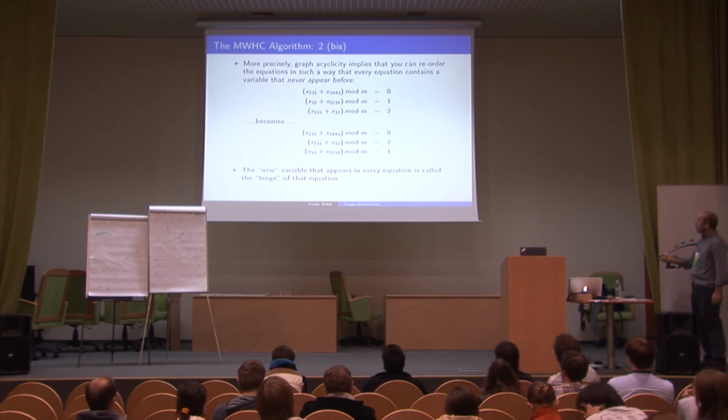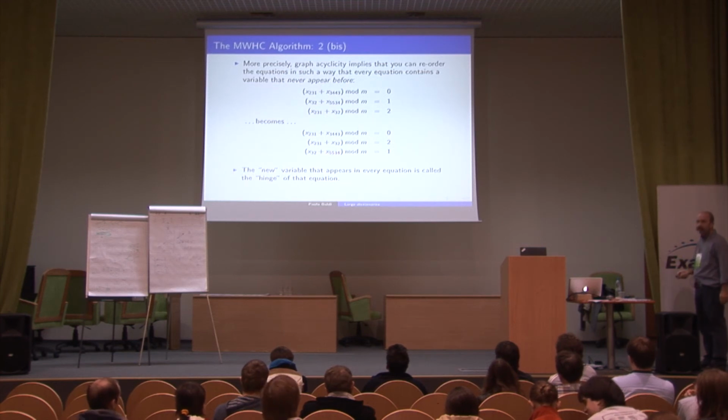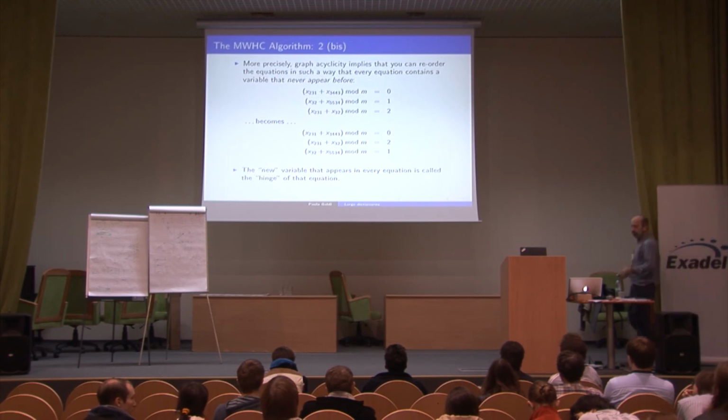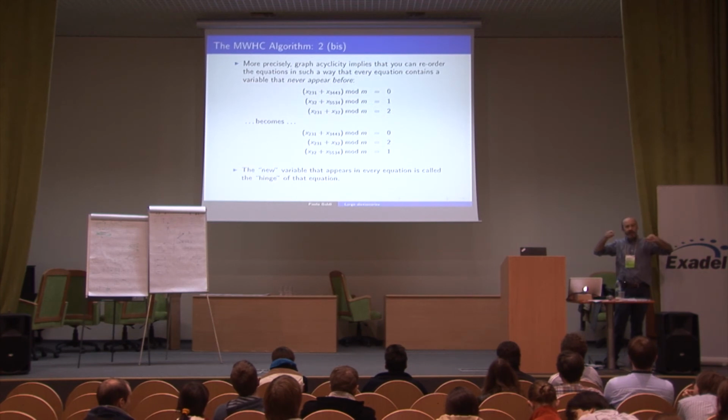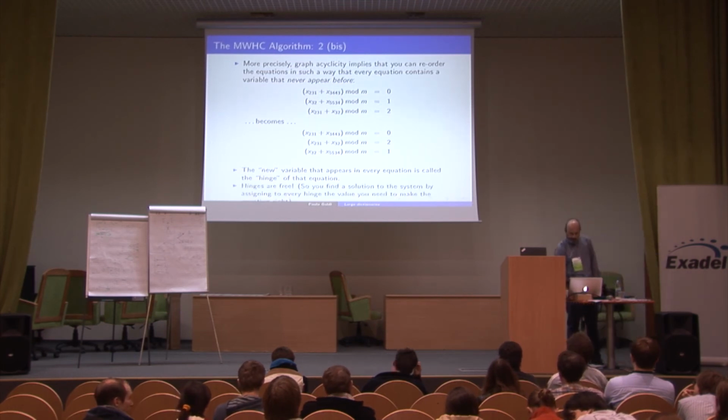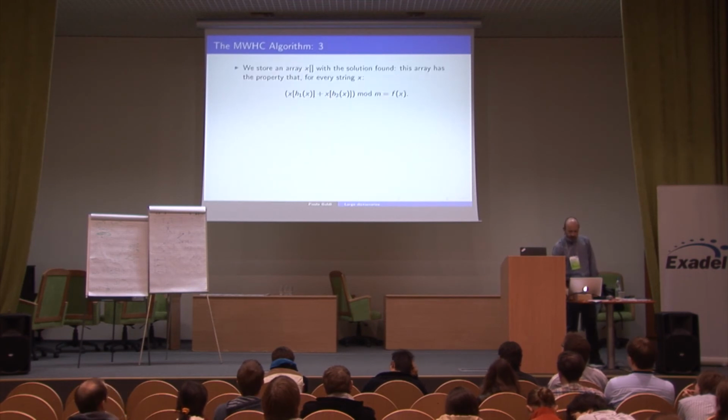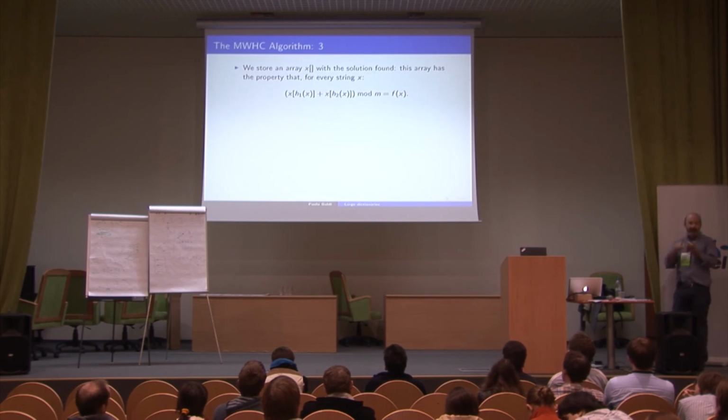For example, the hinge of this equation is x32. The hinge of this equation is x5534. I need this terminology because later I will use it again. So the point is, you have this system of equations, and you have a way to reorder it in such a way that every equation has a hinge. And then you assign the values to hinges in such a way that the system is solved. And so, at the very end, what you need is only h1, h2.